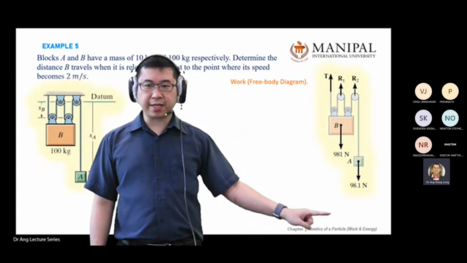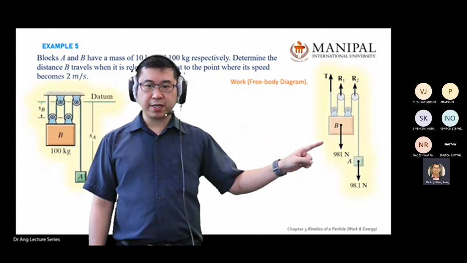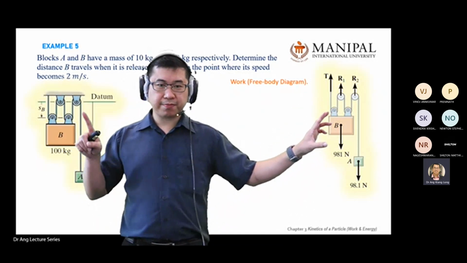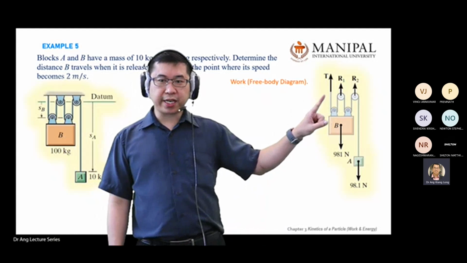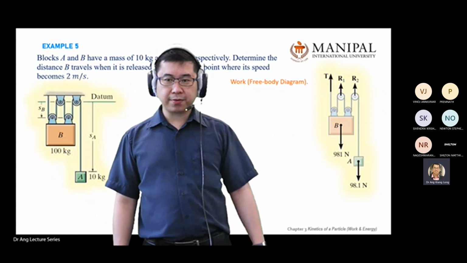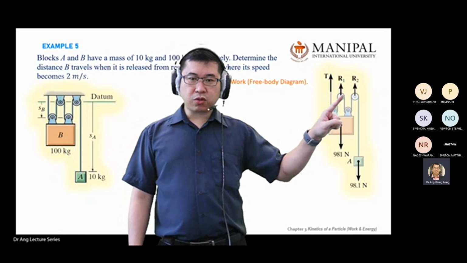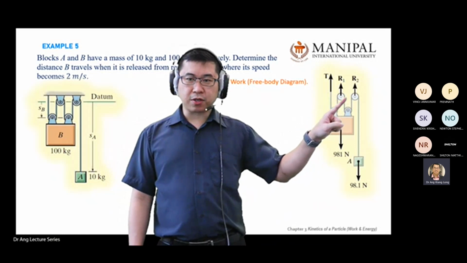Same steps like the previous one when we talked about pulley. So for your free body diagram, you just copy the system and then you change all the cable into tension of cable. All right, this is tension of cable. R1, R2 doesn't move, it's just your constraint there.